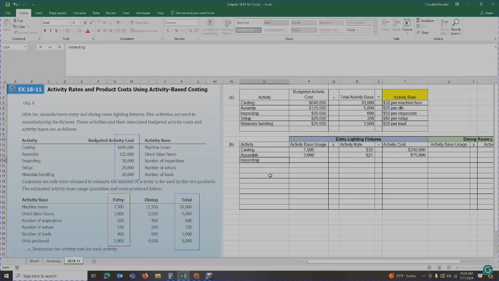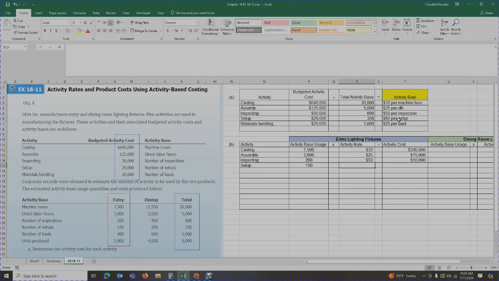So that is for assembly. Inspecting: for the number of inspections, we are anticipating having 200 for the entryway. We multiply it by the inspecting rate of $50 per inspection, and that gives me $10,000. So you multiply the activity base times the activity rate. Now I have setups. For the entryway, I have 150 setups.